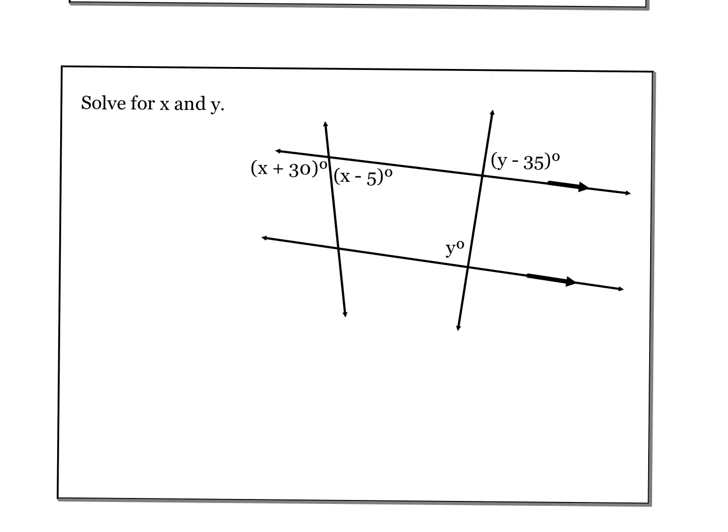All right, so the x's, how do they relate? These two angles are a linear pair, right? So we add them together, set them equal to 180. And so we get 2x, a nice decimal of 77.5. Now, how do we set up the y's?